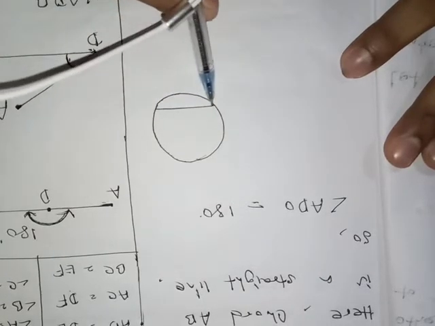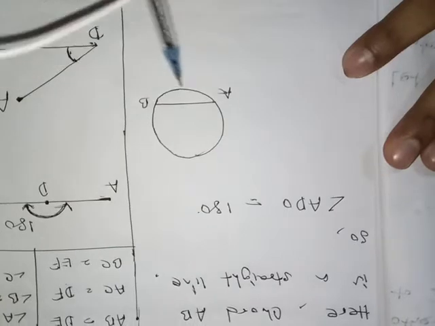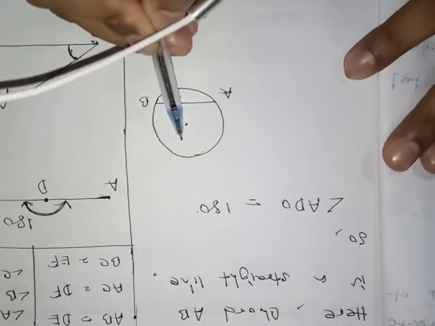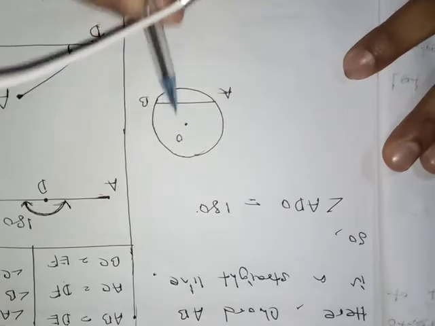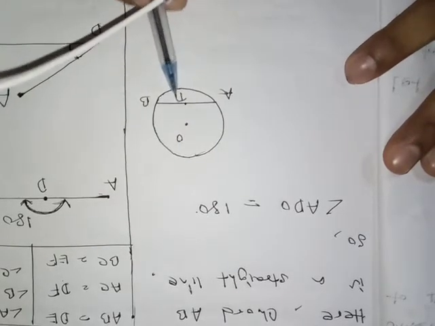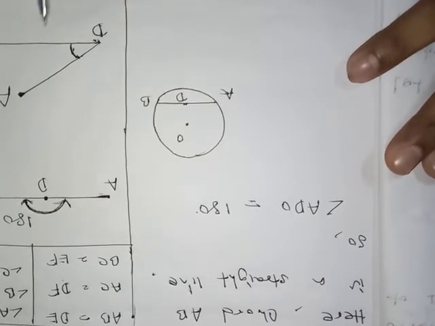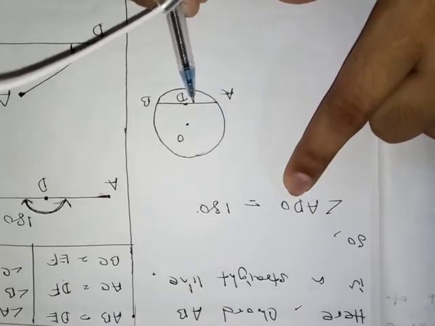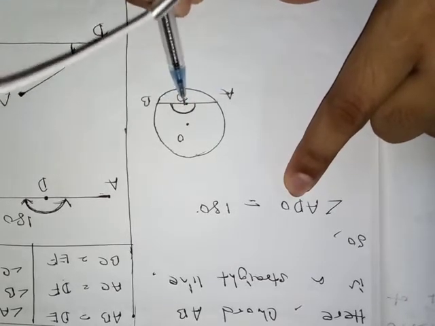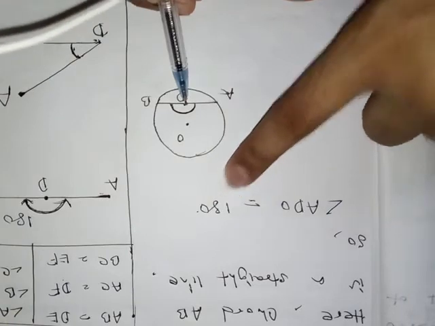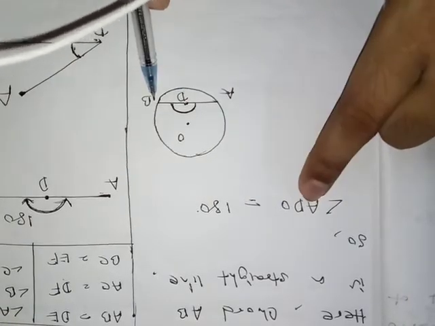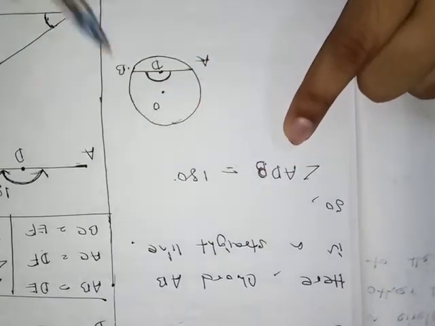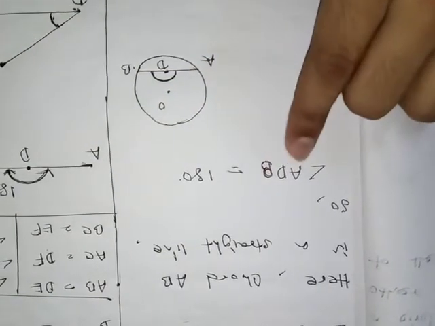This is our chord AB, and this is center O, and this is the midpoint D. So I have written that angle ADB, this angle, is equal to 180 degrees. This angle ADB, this is not BO, this is B. Apologize for my mistake. ADB.